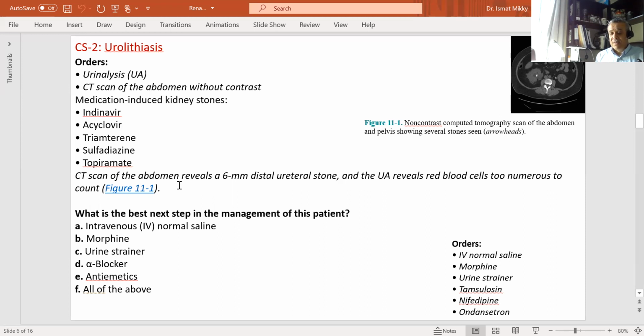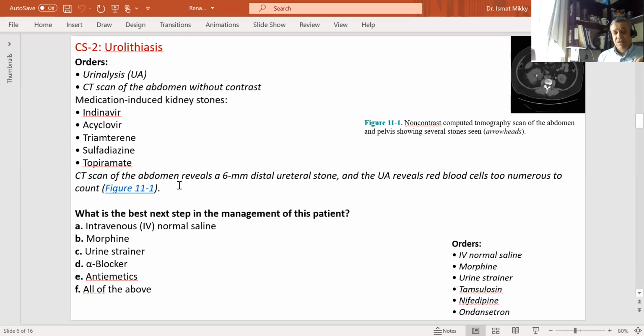The alpha blockers, such as tamsulosin, which is Flomax. The calcium channel blockers, such as nifedipine, will assist in the dilatation of the urethra.